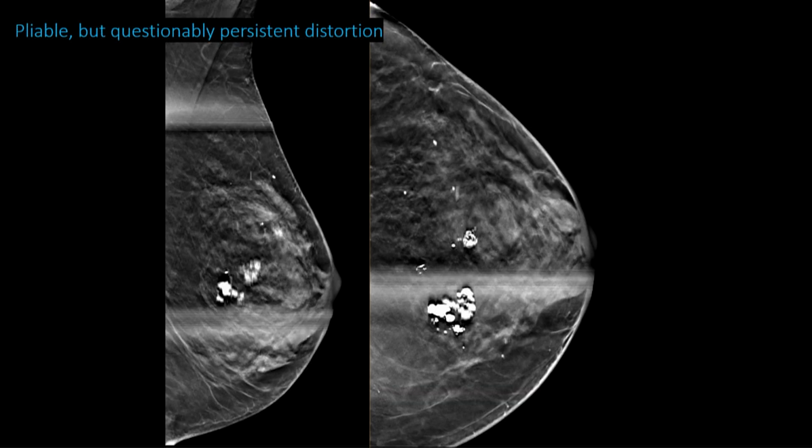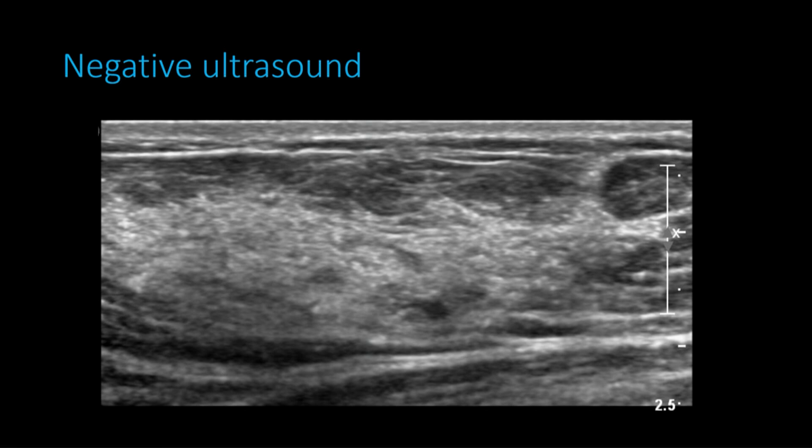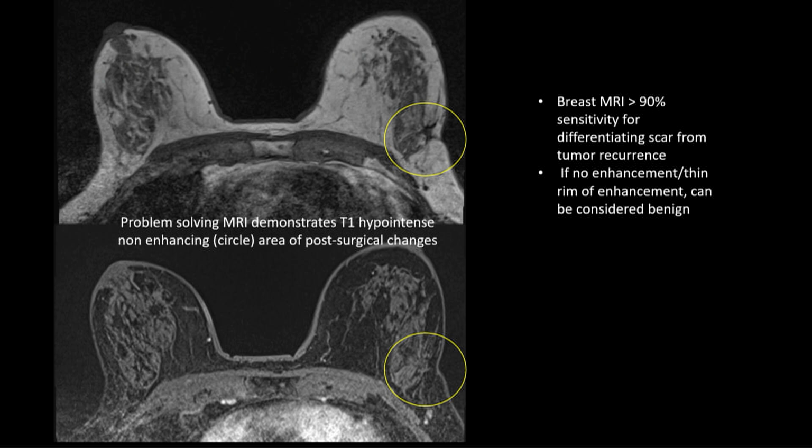So the radiologist thought that there's possibly pliable tissue. Is it persistent distortion or not? They were unsure, so ordered a problem-solving MRI after a negative ultrasound. And this is where I think that problem-solving MRI is really helpful.